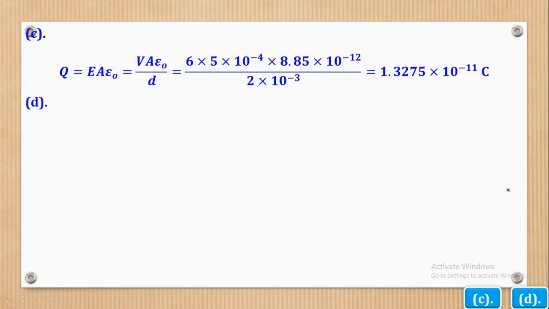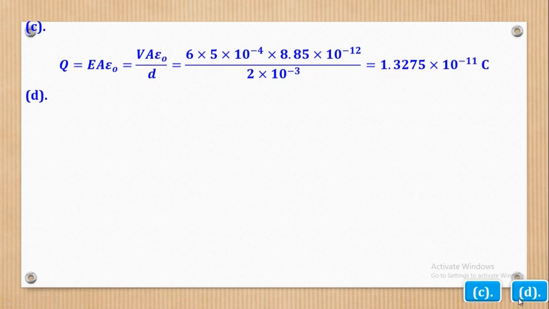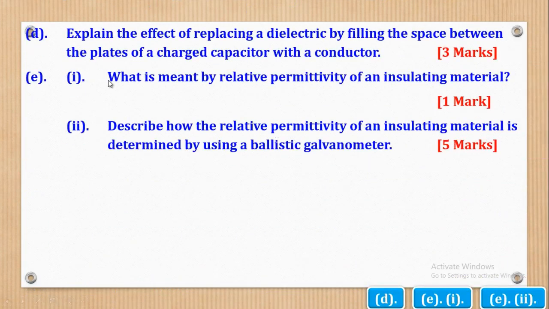So now I shall go to part D. Part D says, explain the effect of replacing a dielectric by filling the space between the plates of a charged capacitor with a conductor. So instead of putting the dielectric, you put a conductor.